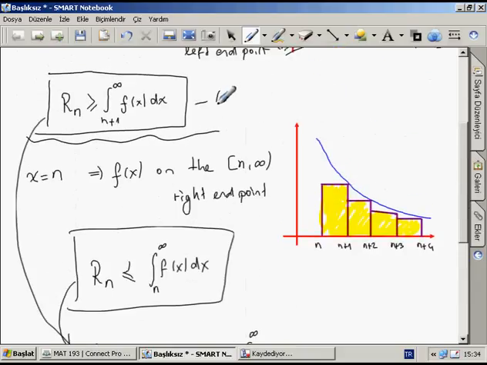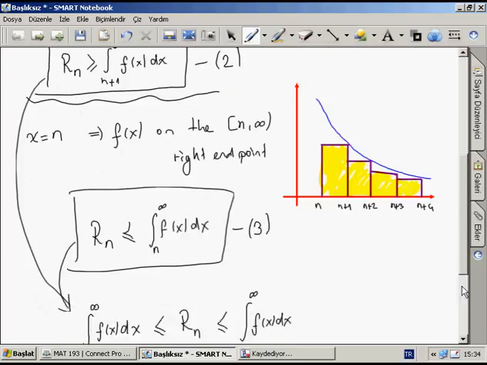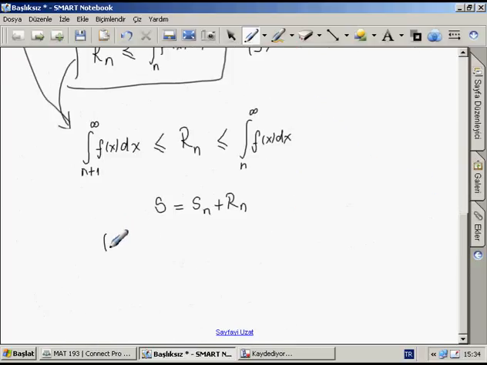I will call the earlier combined result the second inequality, and this the third inequality. Let's use the second inequality. Then S equals S_n plus R_n, which is larger than S_n plus the integral from n plus 1 to infinity of f of x dx.